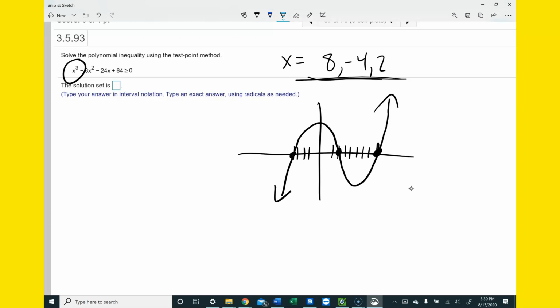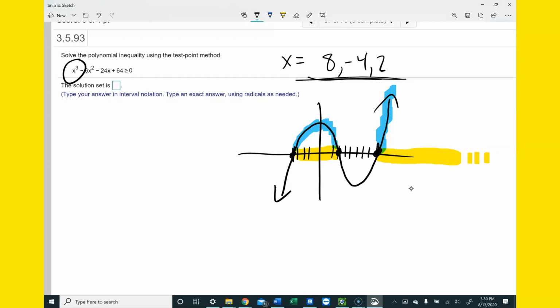In other words, where is the y value above the x-axis? That means above 0 for the y value. That's throughout here and throughout there, which means as far as the x-axis is concerned, it'll be these values and all these values. So that tells me the answer.